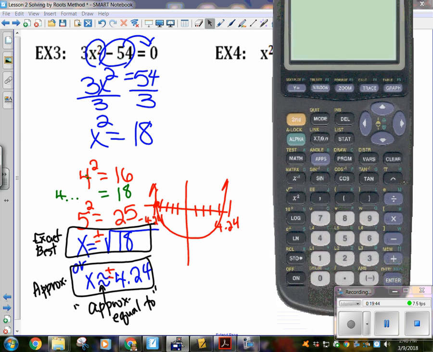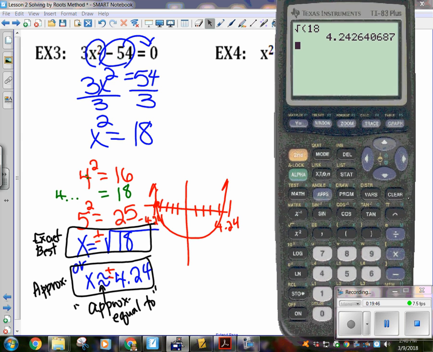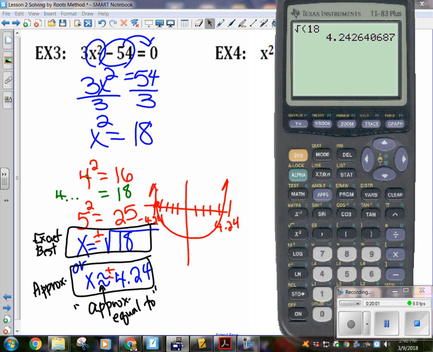Square root of 18 was what? 4.2426. Aren't there a lot more digits besides 4.24? In other words, we chopped it off. That meant that we got an estimated number, but it's not exact. It's okay, and I need it for my number line, but in advanced math, square root of 18 is actually your better answer. Okay. Are we good?